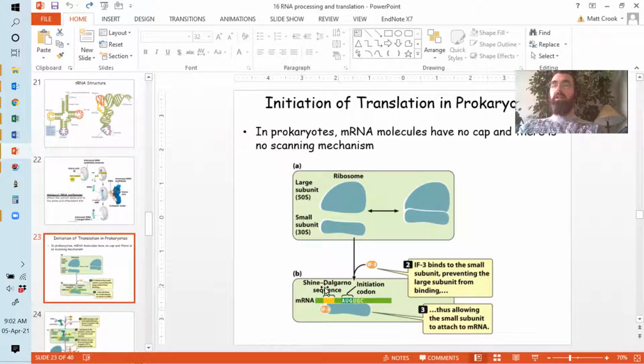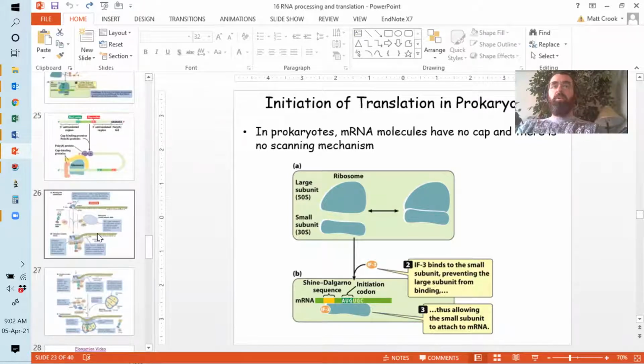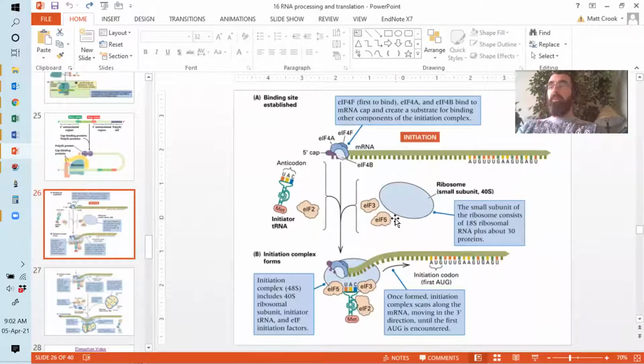So the Shine-Dalgarno sequence is the key there, whereas in eukaryotes, it's a scanning mechanism. The whole complex assembles over the 5' cap using these initiation factor cap binding proteins and some help from the 3' UTR and the poly A binding proteins.